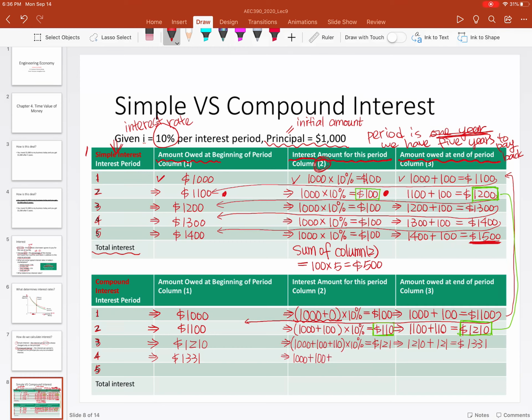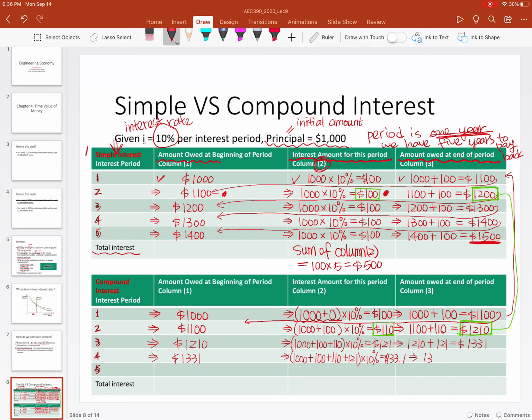You got 100, you got 110, you got 121. That's your new base times the interest rate. And the interest rate is 10%. So the new interest will be 133.1 US dollars.